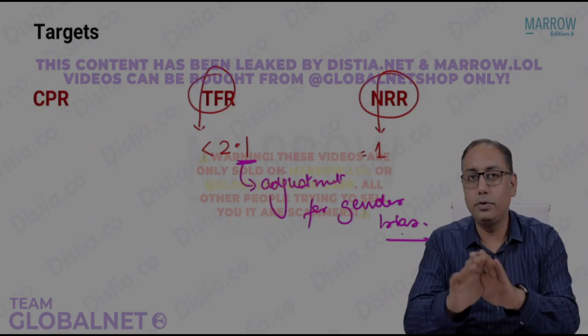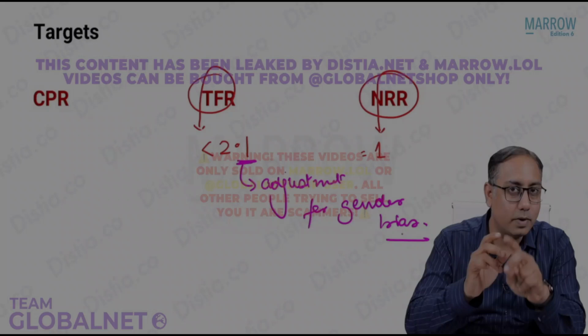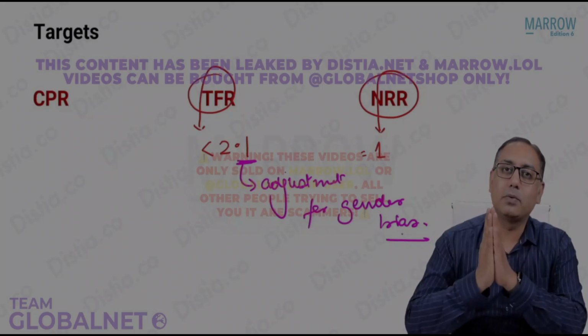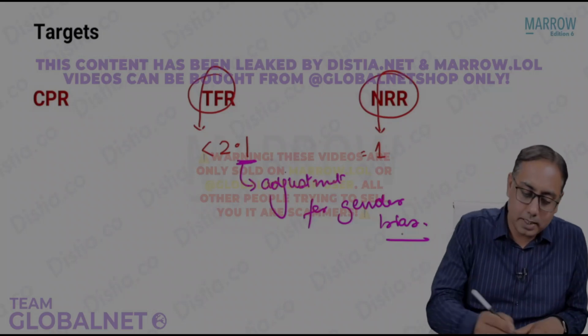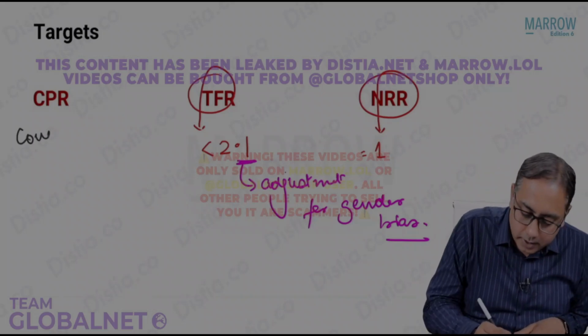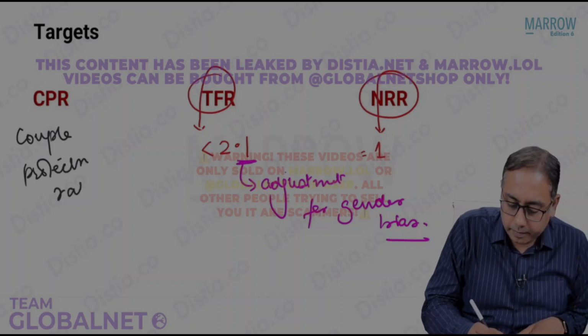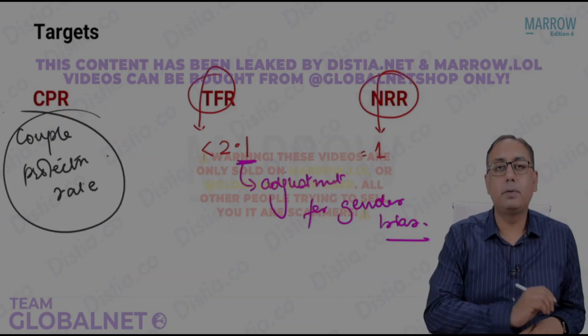So that's what you need to know for now, that NRR equal to 1 and TFR should be less than 2.1. Coming to the CPR, what's the CPR? CPR stands for couple protection rate. What do you mean by couple protection rate?